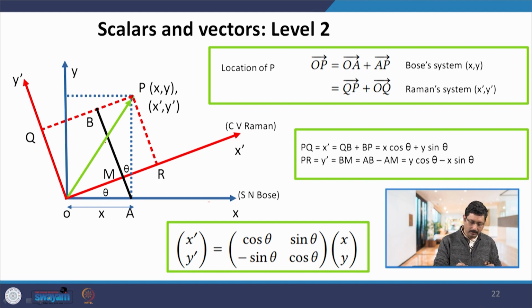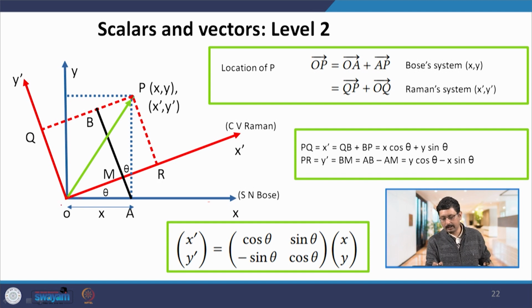The length of this arrow represents the distance from point O to point P, and the direction of this arrow represents the direction in which the point P is located from point O.